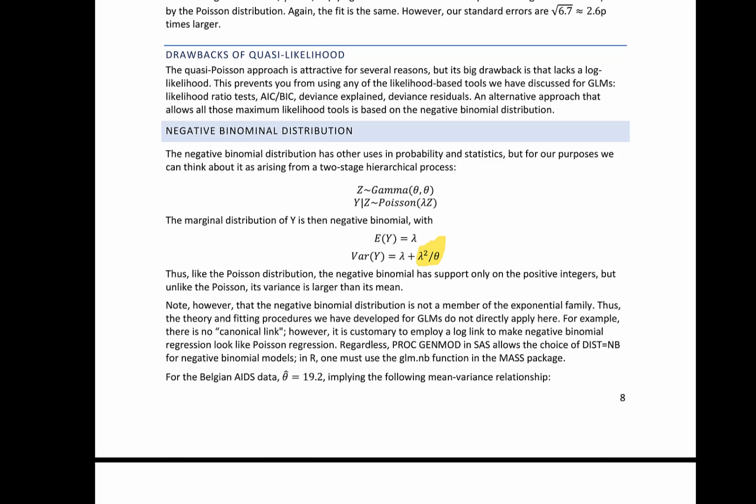If we use the negative binomial approach, we can define that distribution, but it isn't part of the exponential family. And for that reason, we can't do a lot of the things we already saw with GLMs. We can't find a canonical link. We can't do some of those nice things that we saw previously.